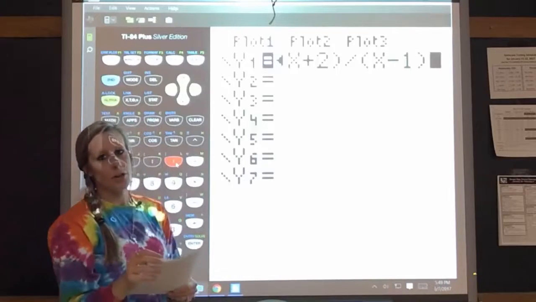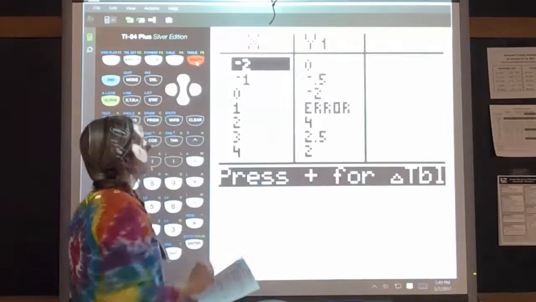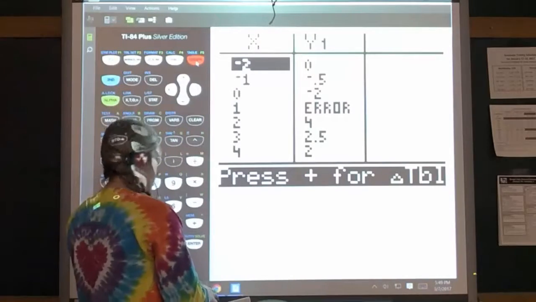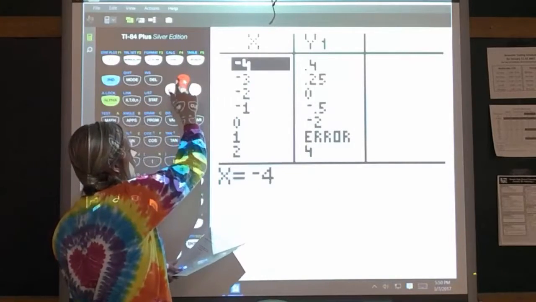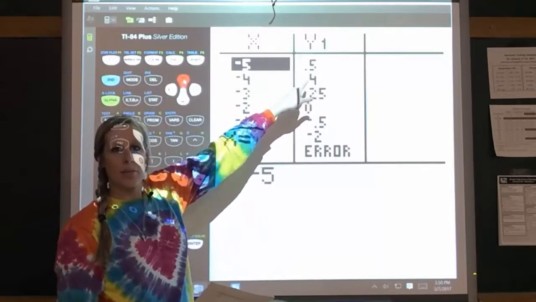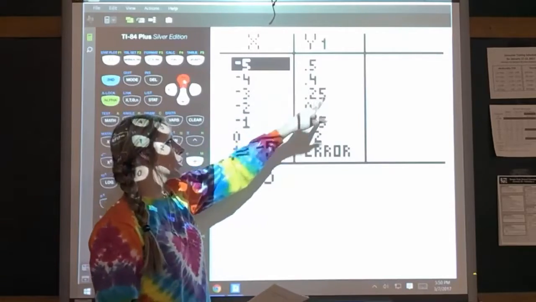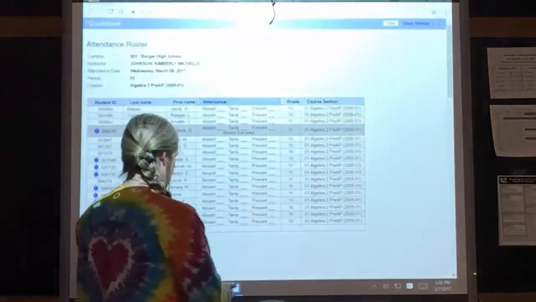All right, and I'm going to go to my table. So second graph. And we're going to fill in our table on our paper. Okay. So let's go to where x is negative 5. So my point would be negative 5, 5.5, and I'm going to write that on my paper. Negative 4, 4.4, negative 3, 3.25, negative 2, 0, and so on.